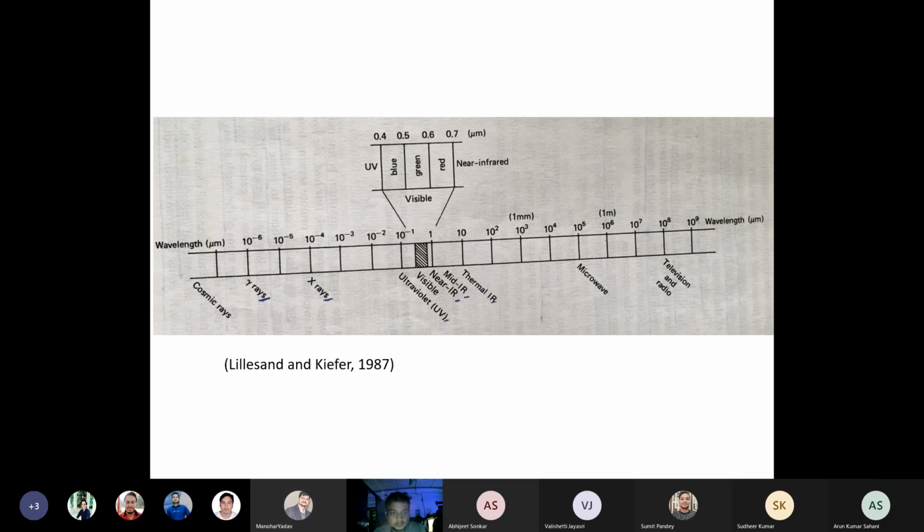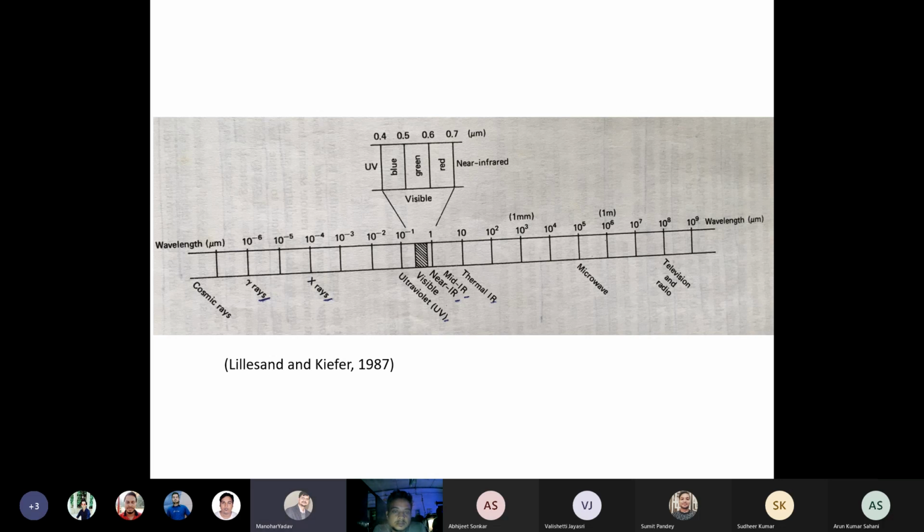If we sense the same area element at a higher wavelength, what will happen? The energy component will decrease.